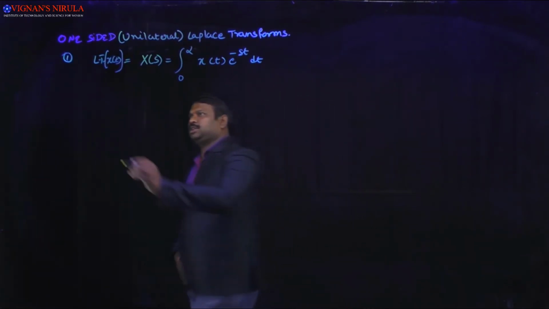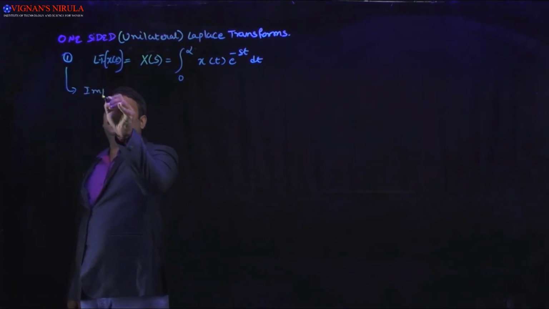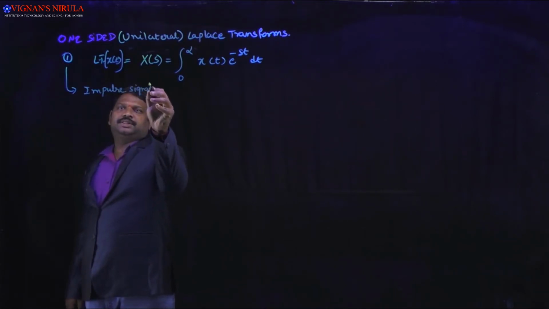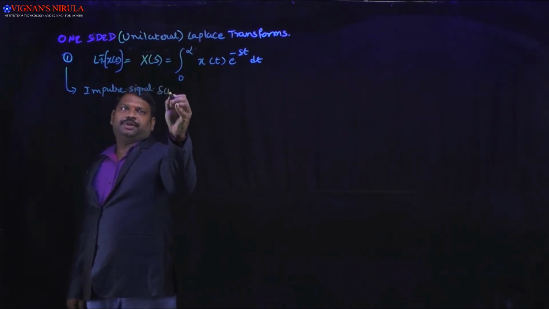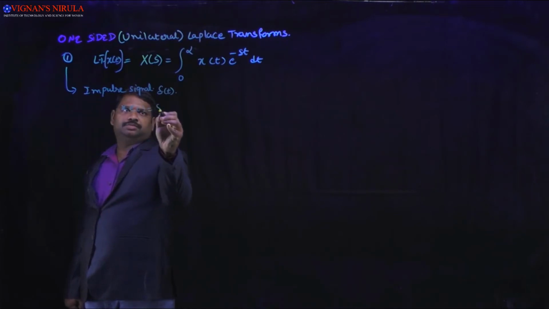Let us first consider the first signal as the impulse signal, delta of t. Now, x of t is equal to delta of t.